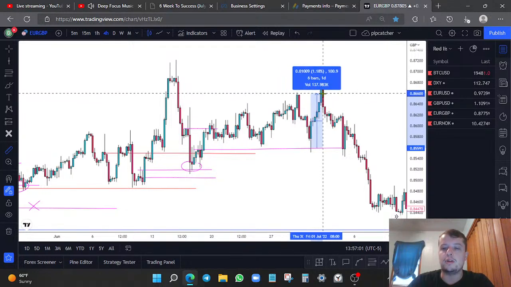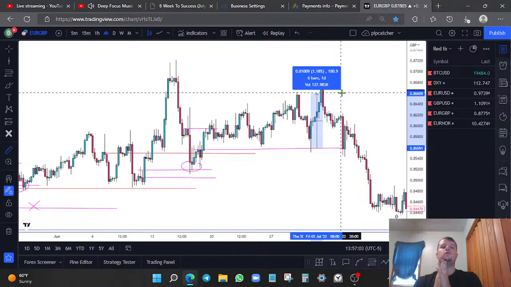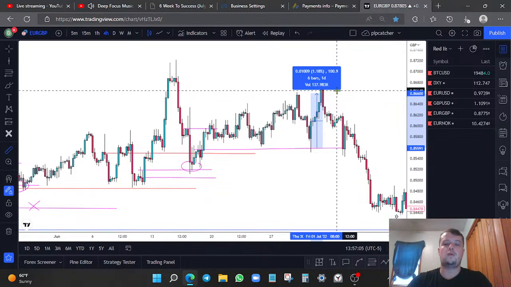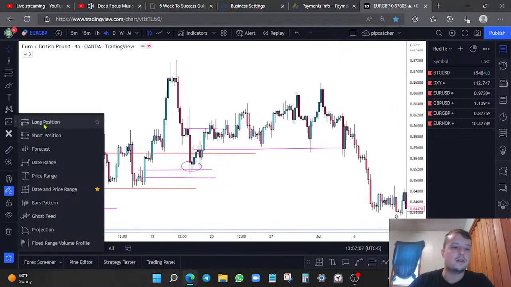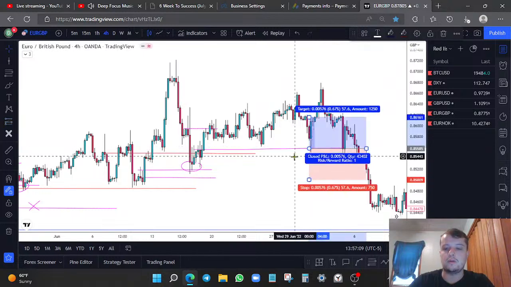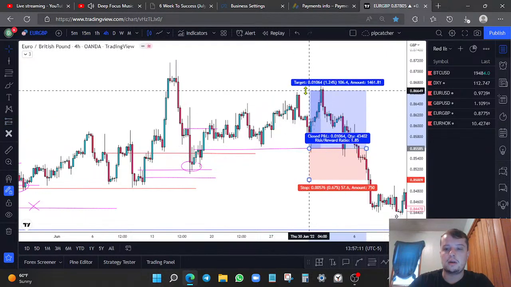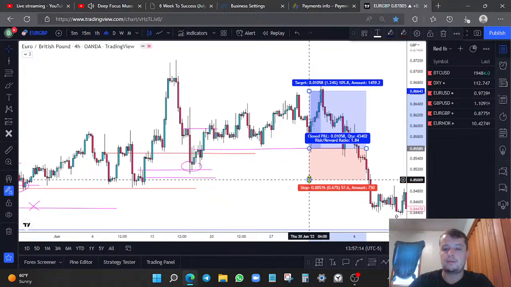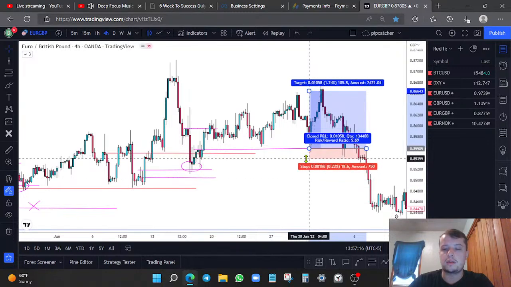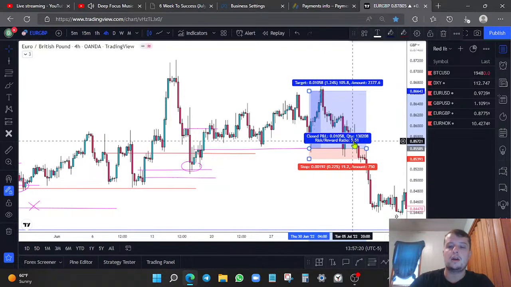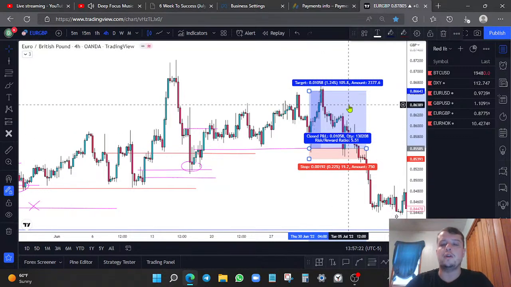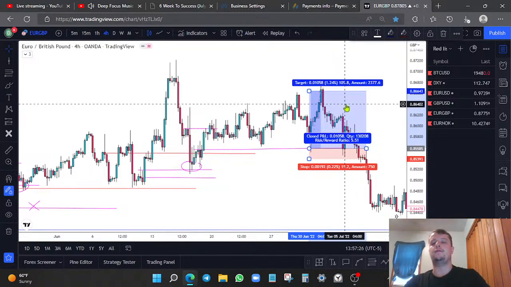Let's just go 100 pips. So 6 for 100, I'm not sure what that risk to reward would even be. Let's go 20 pip stop. You have a 5 to 1.